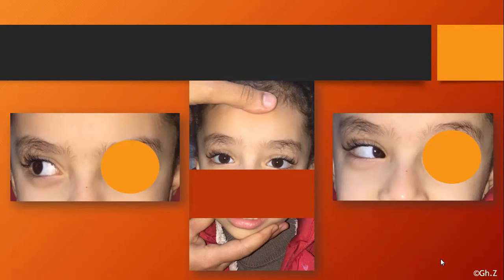And in the middle photo, once you see my hands or the examiner's hands above and below, like over the chin and over the forehead, it means that this child most probably has an abnormal head posture, and the examiner is trying to align the head to check the alignment at the primary position, and this is called forced primary position.